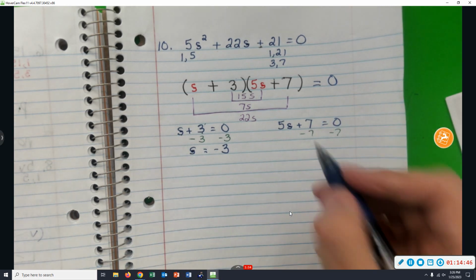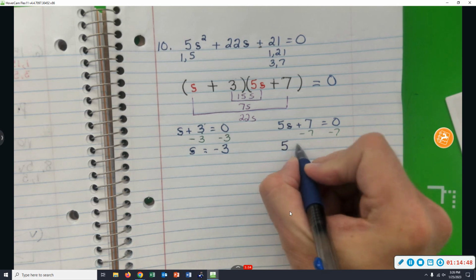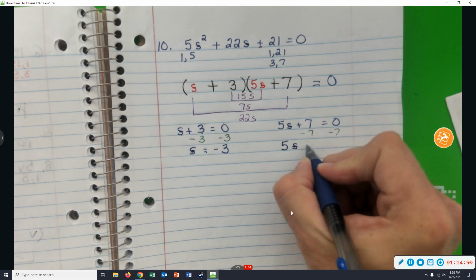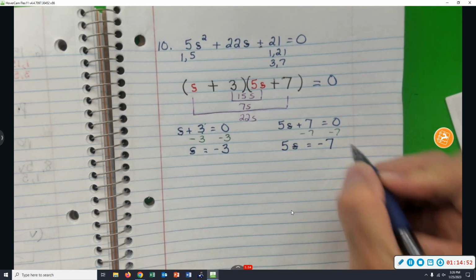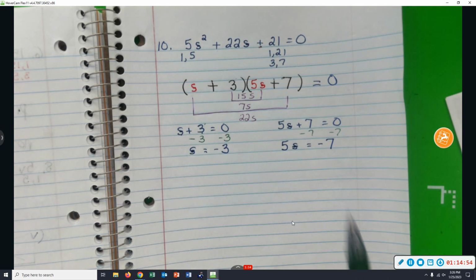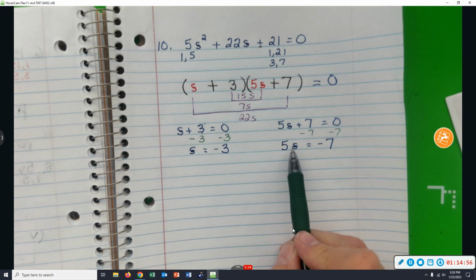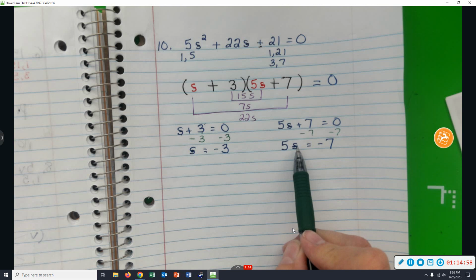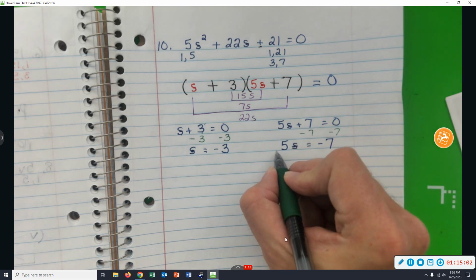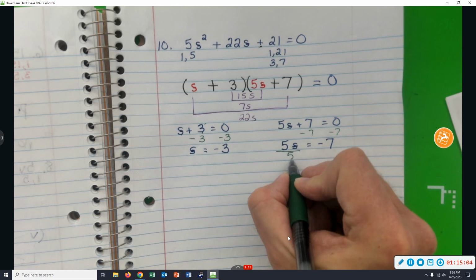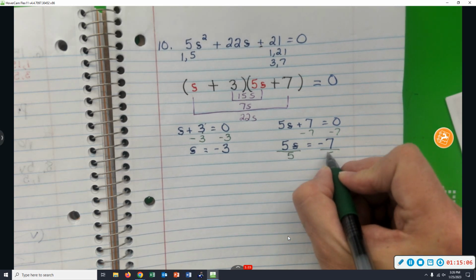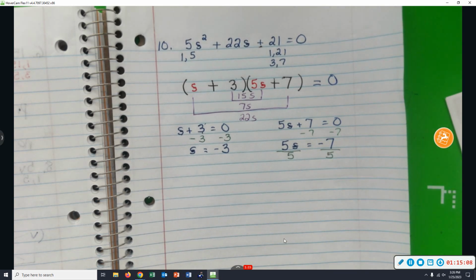So we have 5s equals negative 7. Now this 5s is 5 times s. What's the opposite of times? Divide. Divide both sides by 5. We're going to have a fraction on this one.